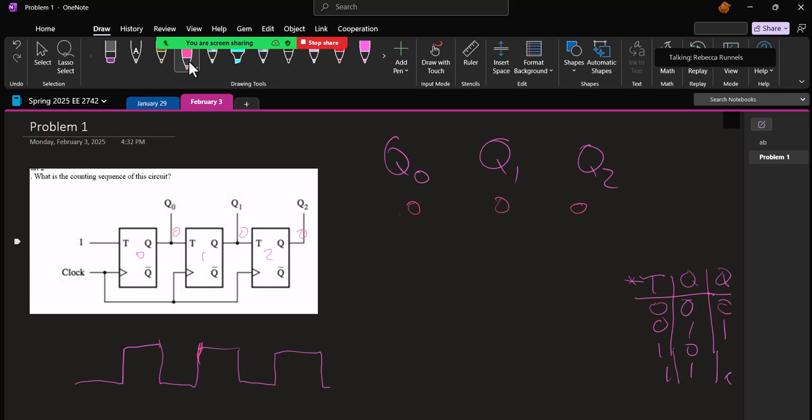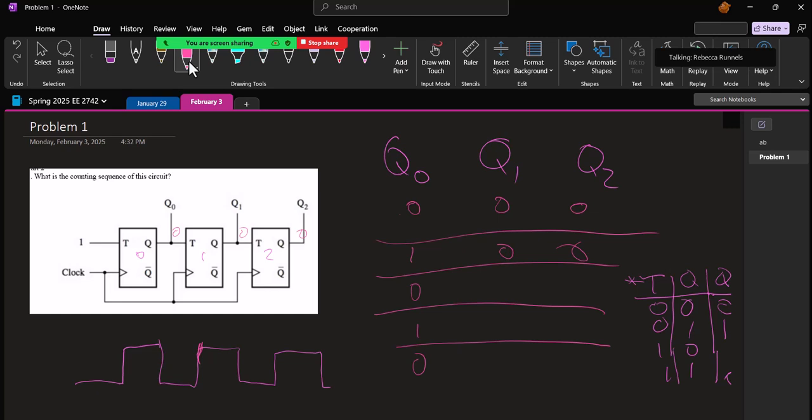That means it's always 1 because it's the number 1, and the clock is regular, nothing weird there. So a 1 input means you're going to toggle. So I know this one is going to toggle every time. On this first step, my input for each of these is 0, and a T flip-flop with an input of 0 doesn't change. So Q1 and Q2 are not going to change.